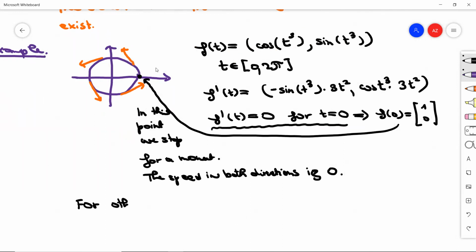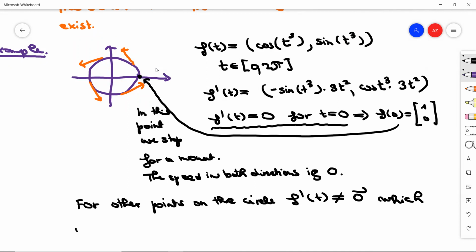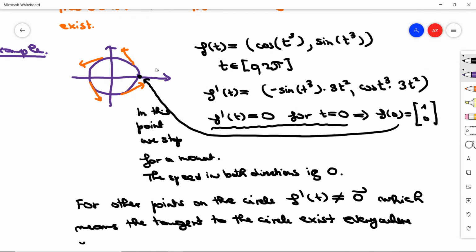For other points on the circle, f derivative of t is non-zero, which means, by the proposition above, that the tangent to the circle exists everywhere except maybe in the point 1, 0, where our specific parameterization has a 0 velocity.